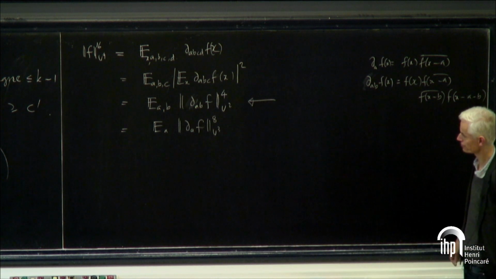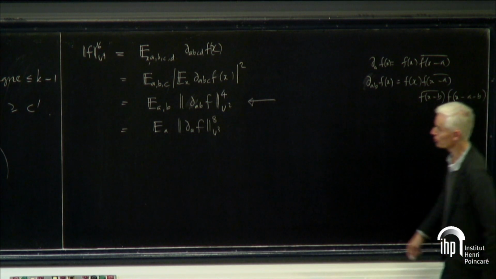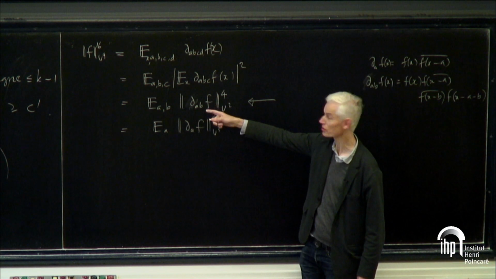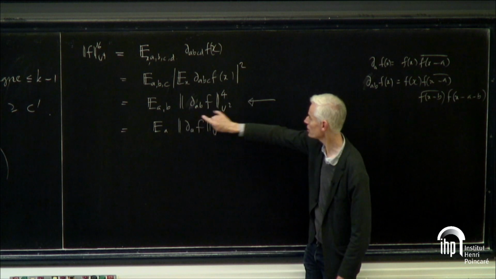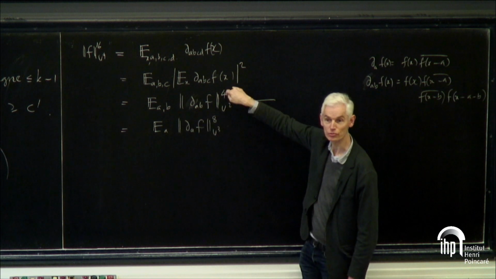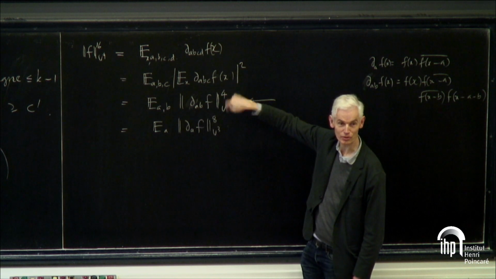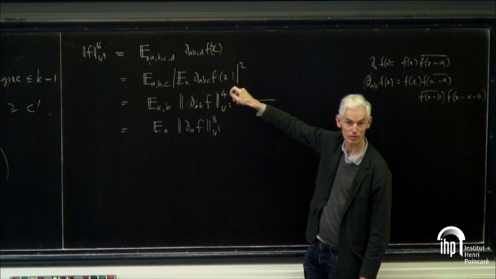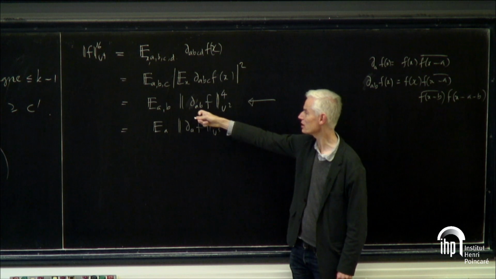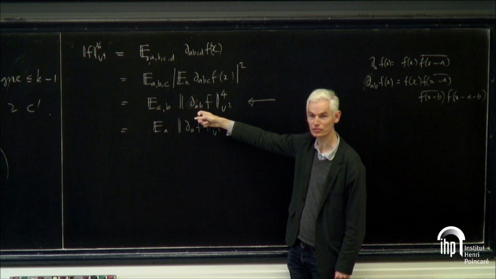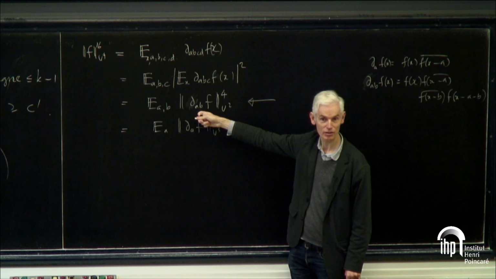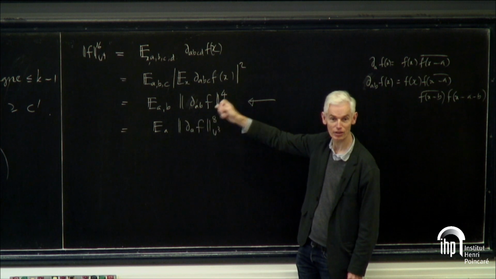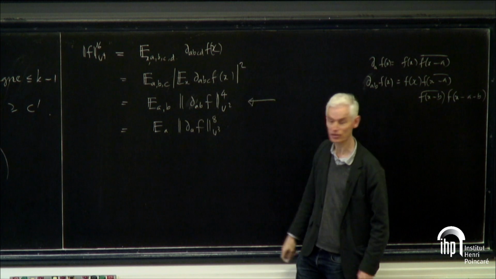So we want to say we've got a lot of a, b such that this function here has a large U2 norm. And because it's got a large U2 norm, as I've already told you, there must be a large Fourier coefficient somewhere. So for many, many a, b, we can find some r, depending on a, b, such that the Fourier coefficient of delta a b f at r is large.